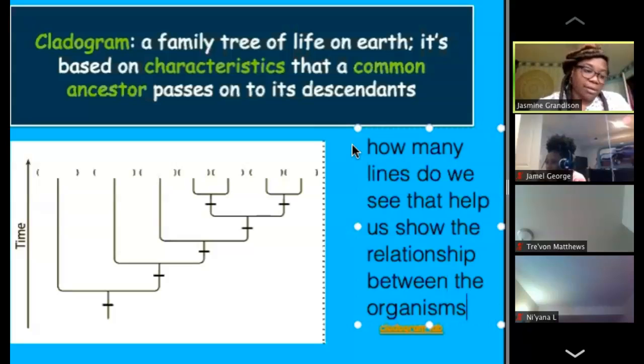I guess we're still counting. Once again, how many lines do we see that help us show the relationship between the organisms?